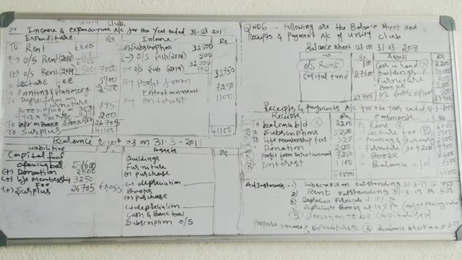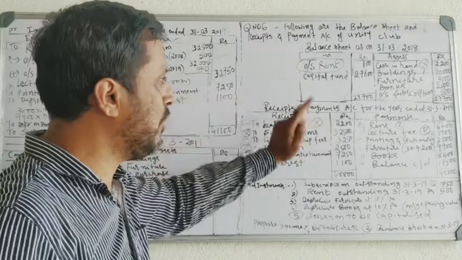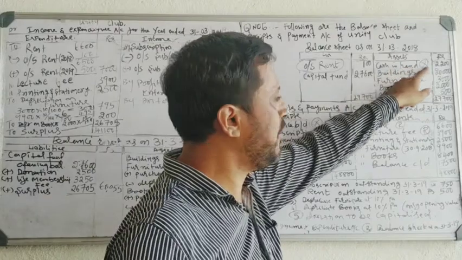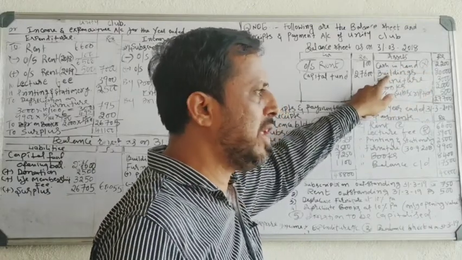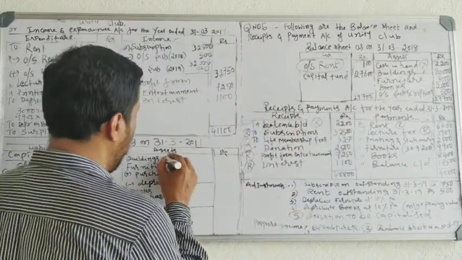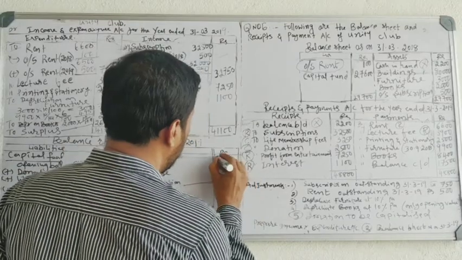Total of this is 60,055. So the liability side is over. Go to the asset side. Cash in hand you should not take. Building is an asset. Take it on the asset side. Building, how much is the value? 20,000.